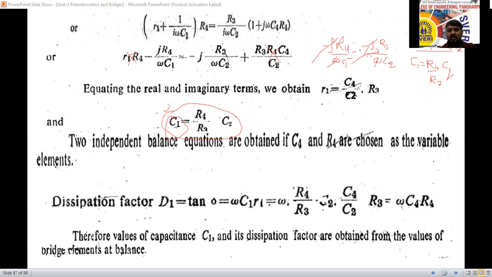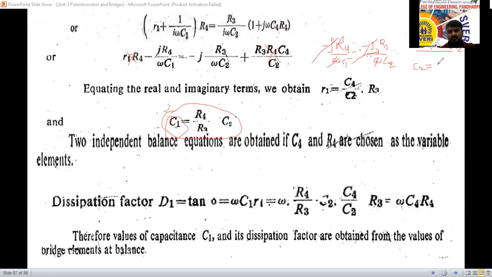You can write C1 or C2. C2 equals, can you tell me the formula? Roll number 10, tell the formula for C2 from this equation.